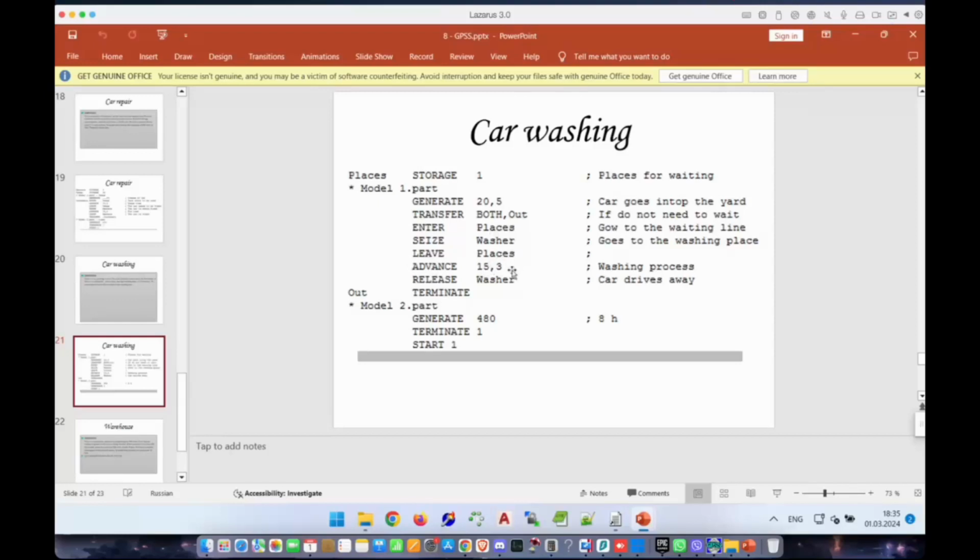Then the washing happens, and the washer is released. So the car moves out, and the washer is free and ready to take another car. After the washer, the car drives away. And we are simulating this for literally 8 hours, where one time unit means 1 minute. That's the idea.